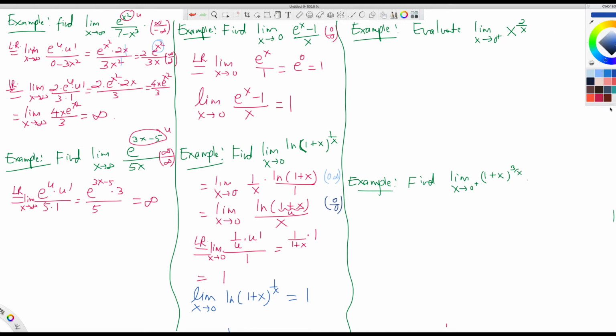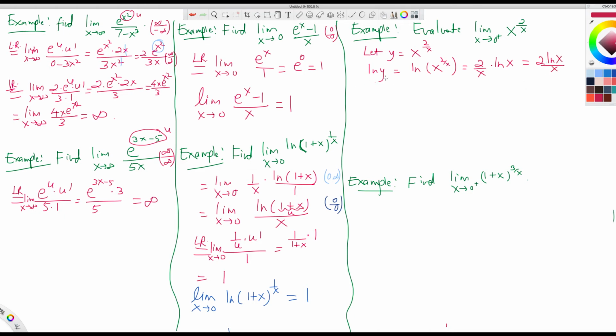In such cases, what we do is let y equal x to the 2 over x, and then we take natural log on both sides. Then natural log of y equals natural log of x to the 2 over x. This can be written with 2 over x going to the front of the natural log, and then x stays like that. So basically you can write 2 natural log of x over x.